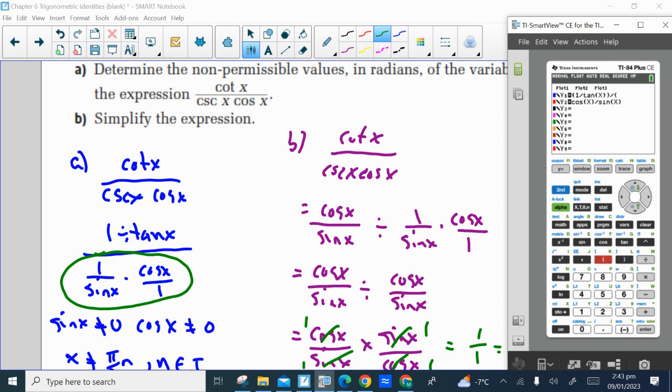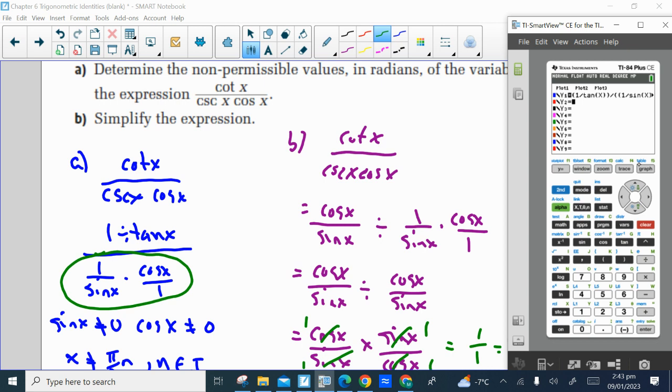So again, I'm going to open up a bracket here to keep my denominator all together. And then in the denominator, I'm going to have two factors. So I'm going to do another bracket here for cosecant, which is 1 divided by sine x. Close the bracket on the x, close the bracket on the 1 over sine x. And then that's multiplied by cosine x. Close the bracket on the cosine x and close the bracket on the rational expression.